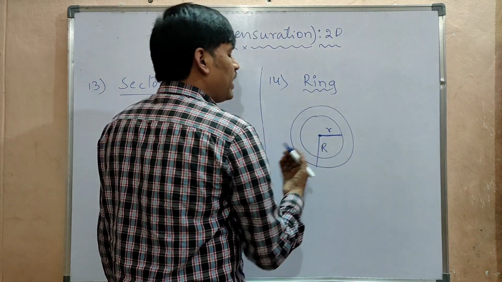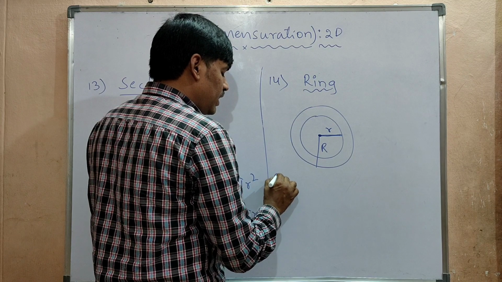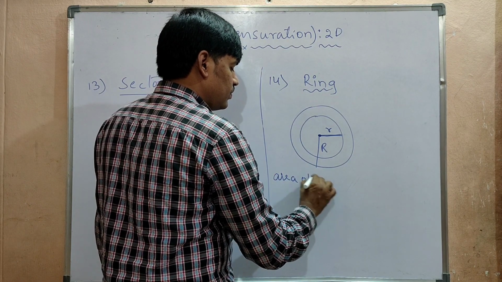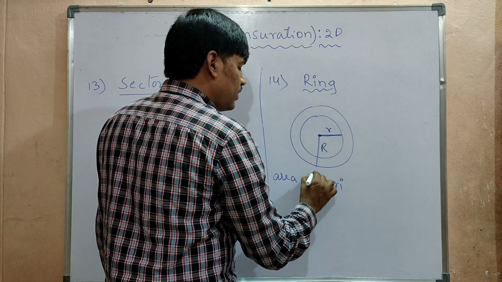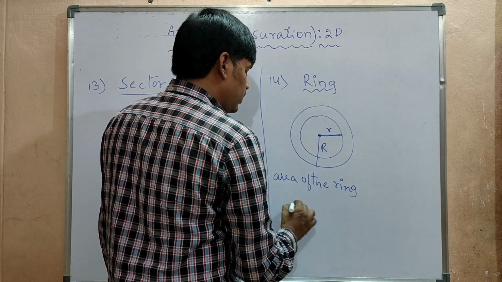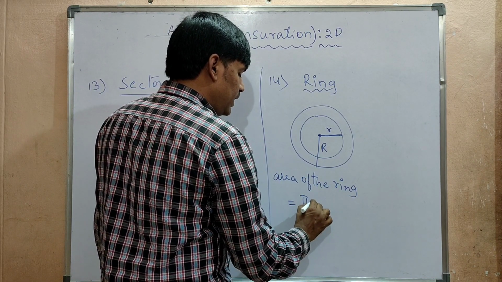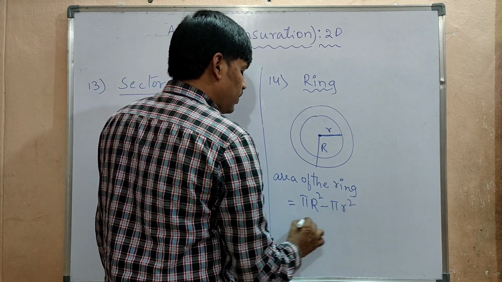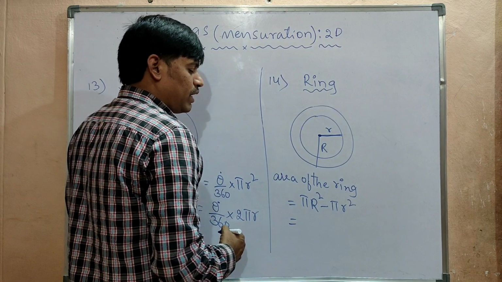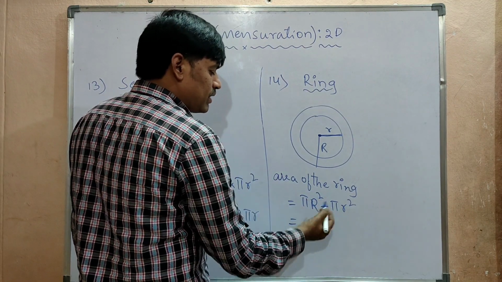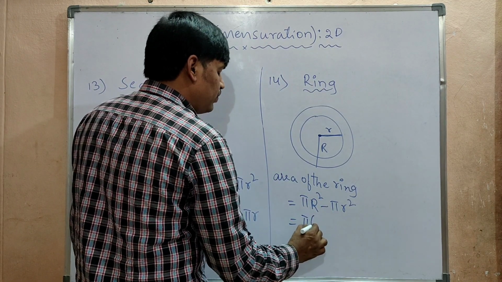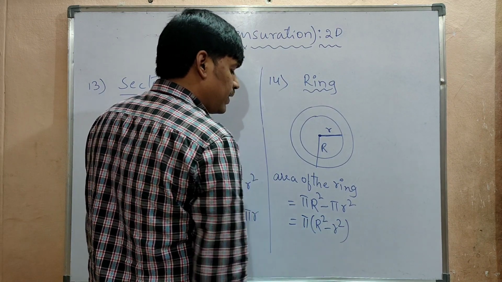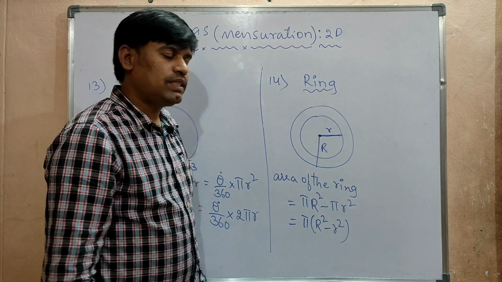Now the area of the ring is equal to pi R square minus pi r square. In these two terms I am taking pi common. Then you will get pi into R square minus r square.